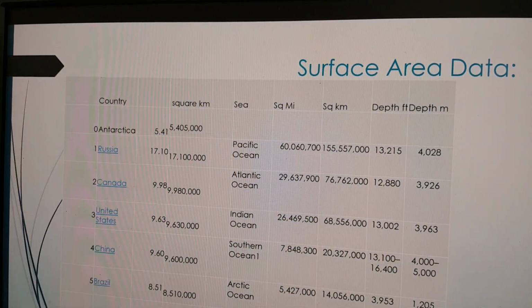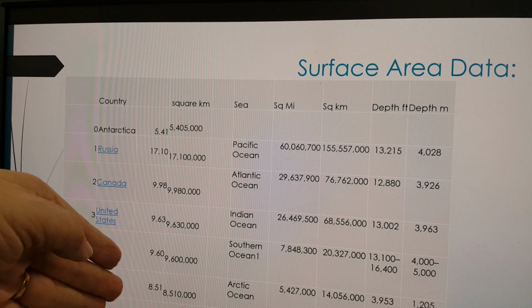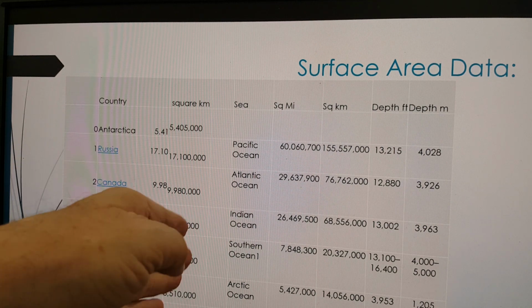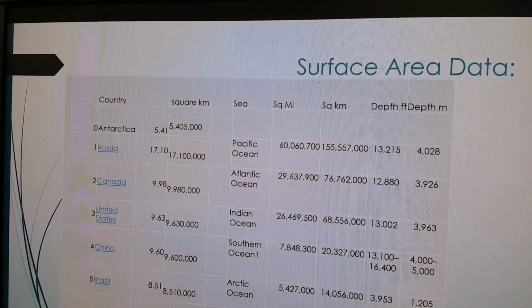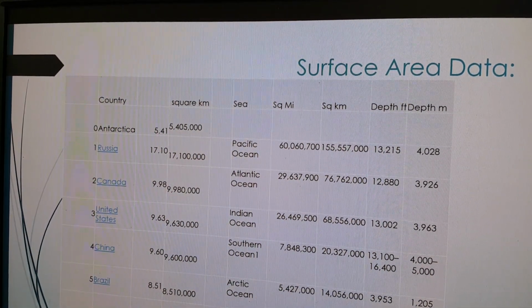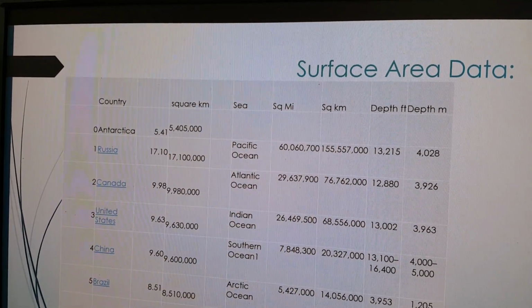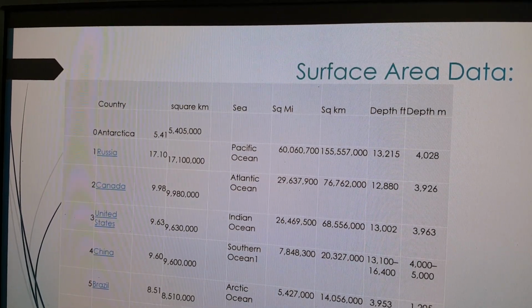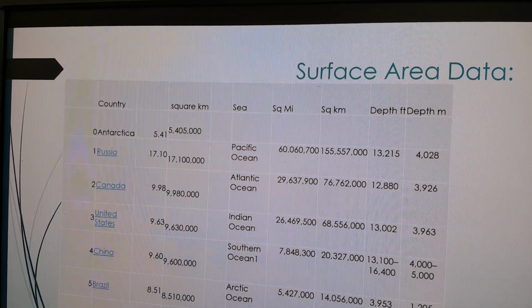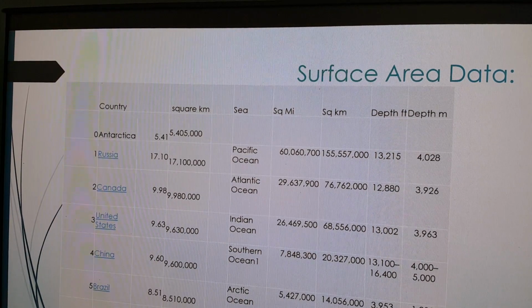So I added up all of these, converted it to square miles, and you'll see the results from that. I added up these, and I got square miles. So before I go on, you realize that whether the Earth is flat or round, these numbers are reported by the countries for their statistics.